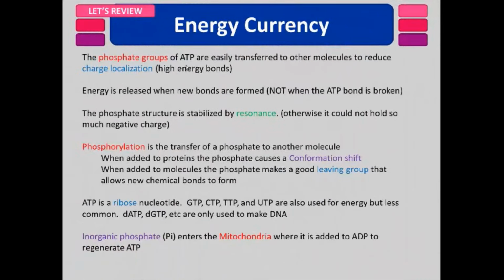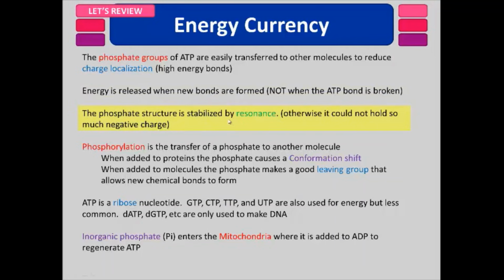Now, let's review what we have learned. The phosphate groups of ATP are easily transferred to other molecules to reduce charge localization. Energy is released when new bonds are formed in ATP, not when the ATP bond is broken.